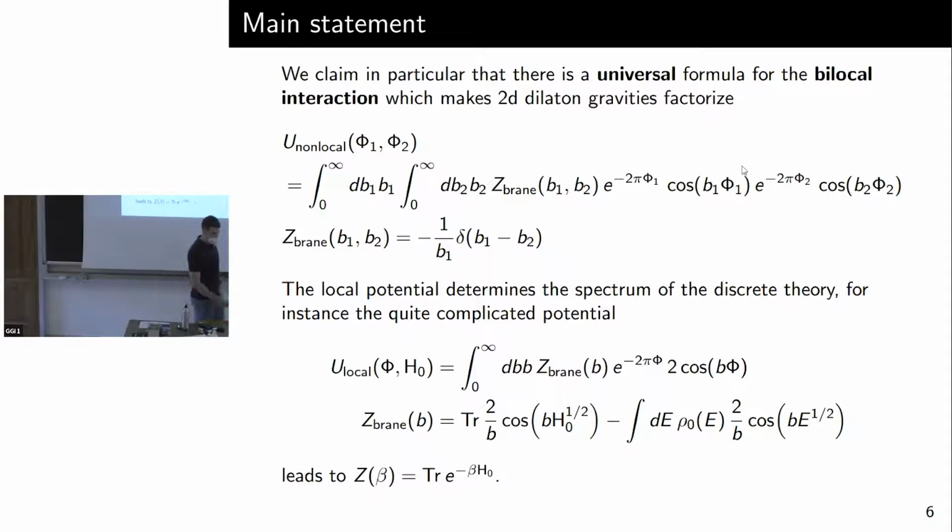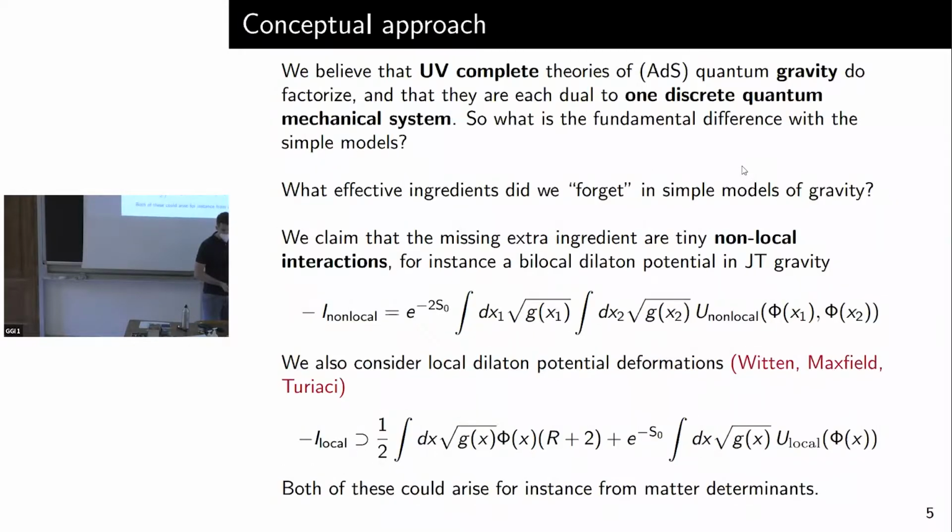I'm not sure if that was very convincing, but regardless of this matter interpretation, we can... Sorry. Yeah. So I think, if I understand correctly, you will use this non-local interaction to provide an interaction between two different spacetimes, right? Right.